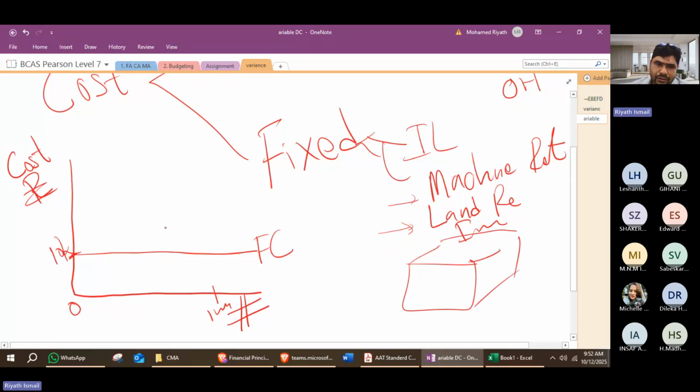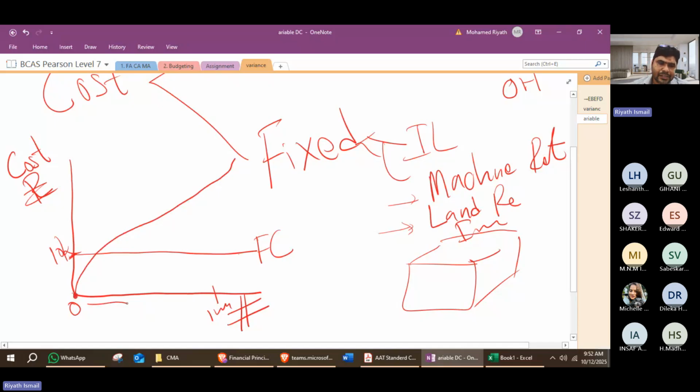That is fixed cost. Another cost, when you start production, then some costs may be incurred, for example, direct labor and direct material. If there is no production at the organization, those costs should be zero.